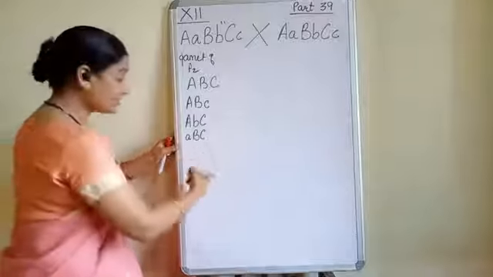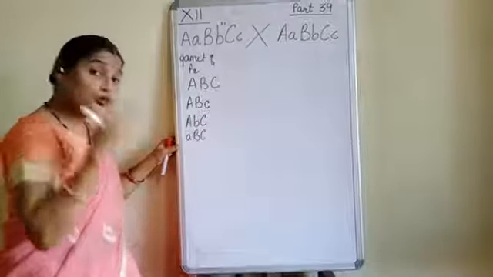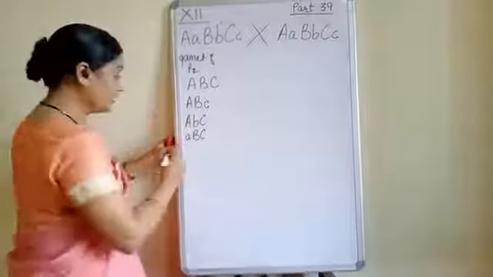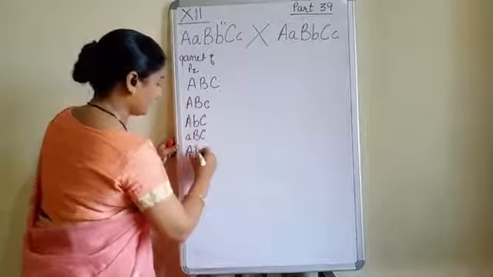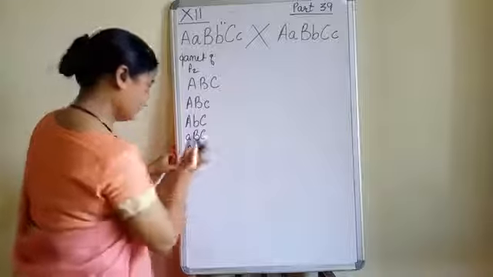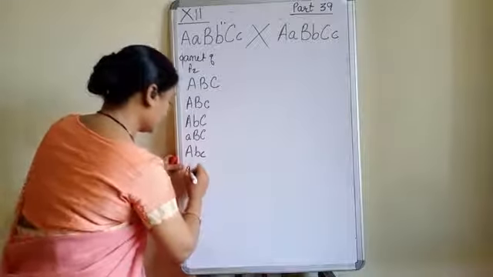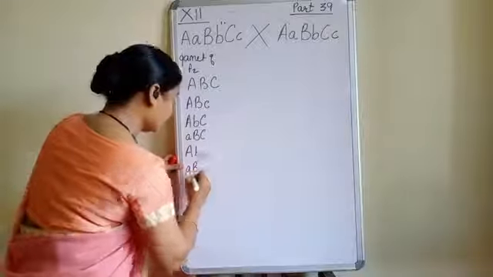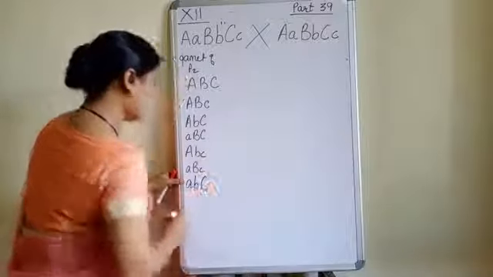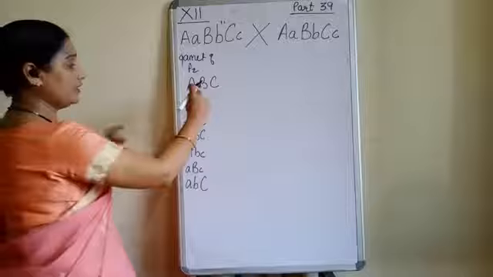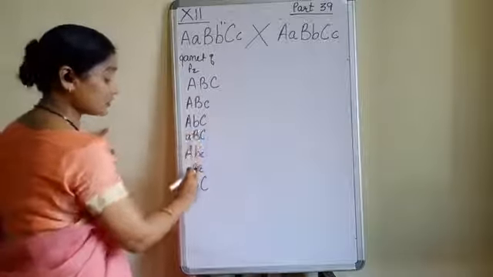Next we have to take 2 recessive and 1 dominant. 2 recessive, A, B and C. A, B and C. A, B and capital C. How many? 1, 2, 3, 4, 5, 6 and 7.